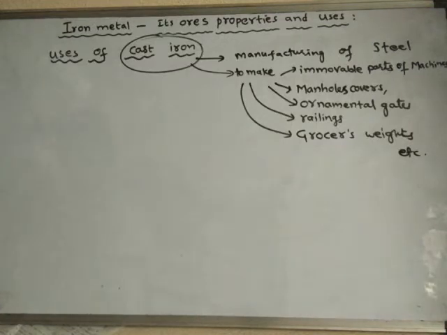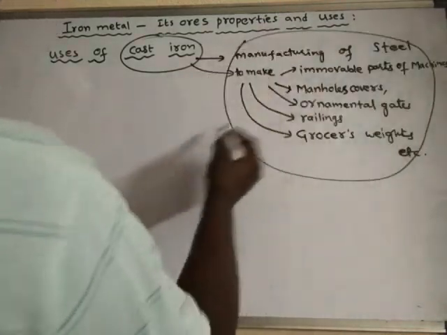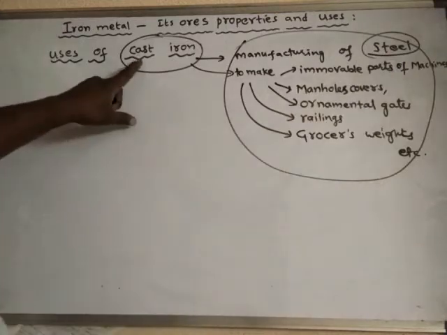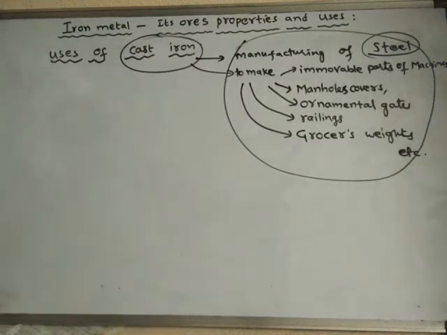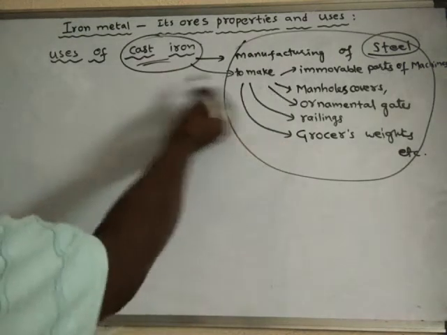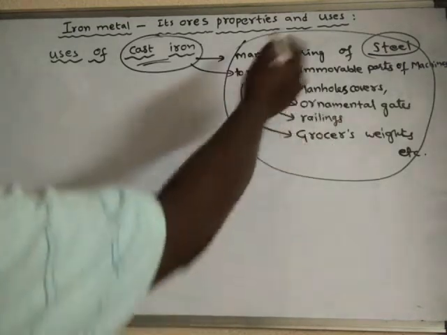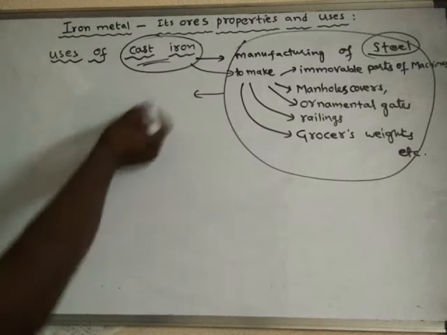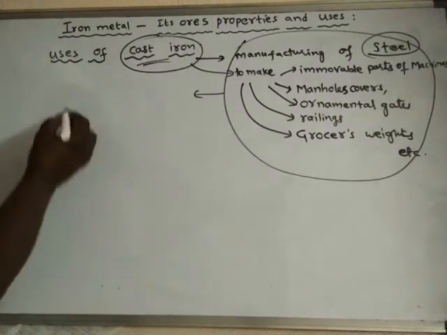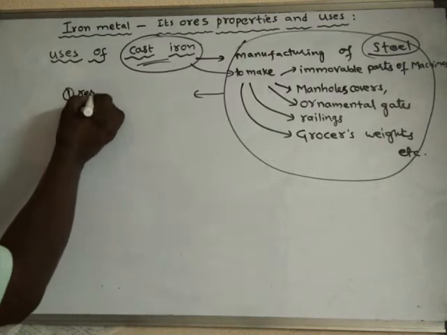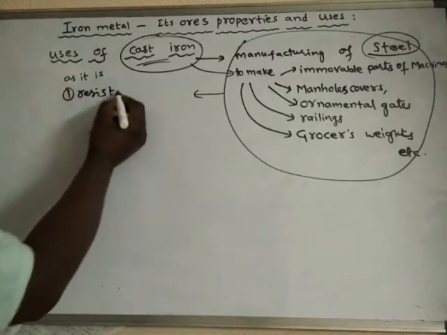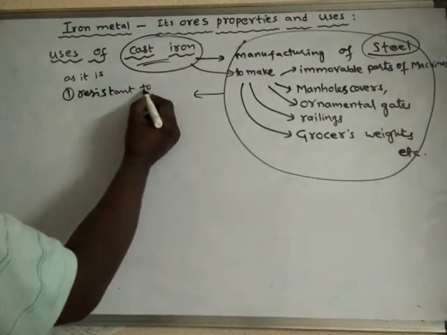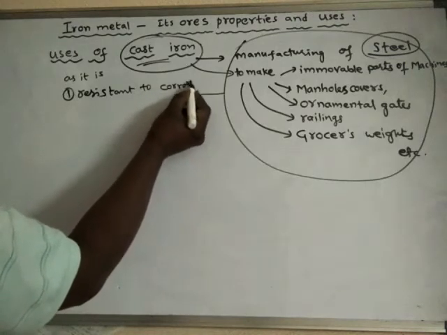Why is cast iron used in the manufacturing of steel? Because this iron cannot rust easily. Why does cast iron have that much importance? Because of its nature. What is its nature? It is resistant to corrosion. What is the meaning of corrosion?